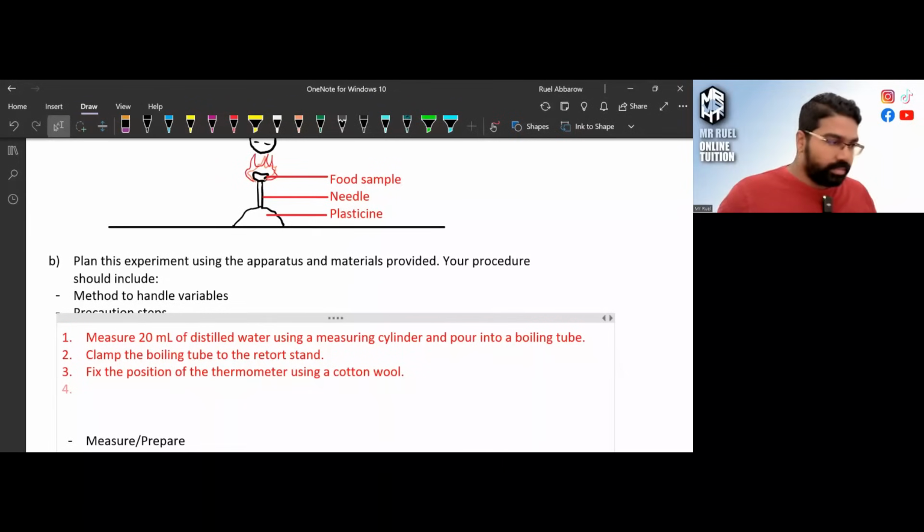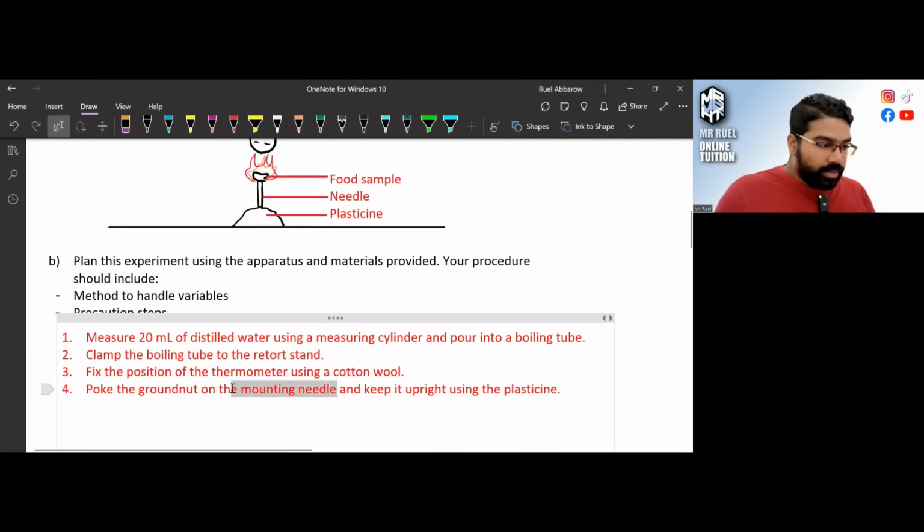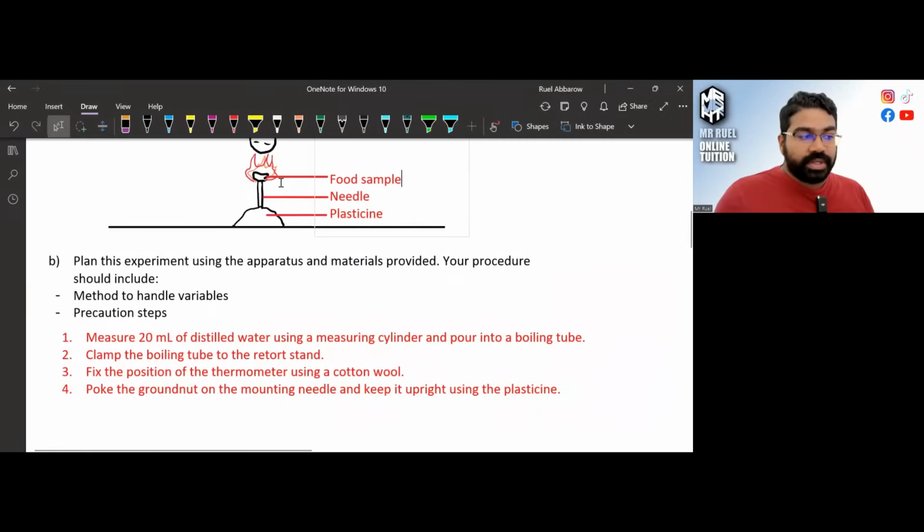I don't want to confuse you. Let's set up everything first. Then you poke the groundnut onto the mounting needle, and then keep it upright using the plasticine. In one sentence, we have already finished the explanation of the preparation at the bottom. Done.